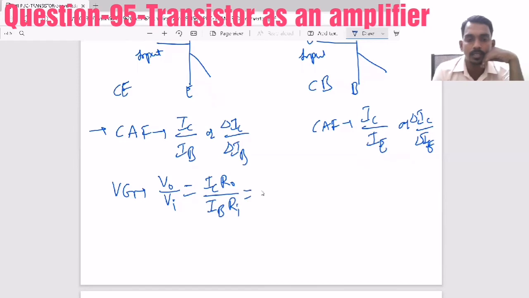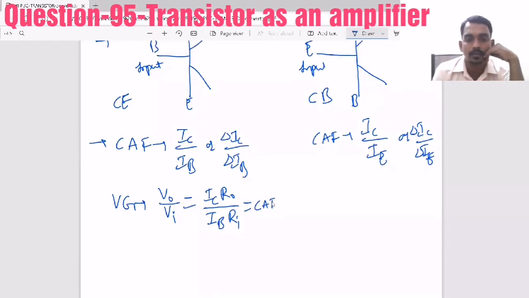But IC by IB is nothing but the current amplification factor. So voltage gain is the current amplification factor into R0 by Ri. Here also, voltage gain will become current amplification factor, that is IC by IE, into R0 by Ri.